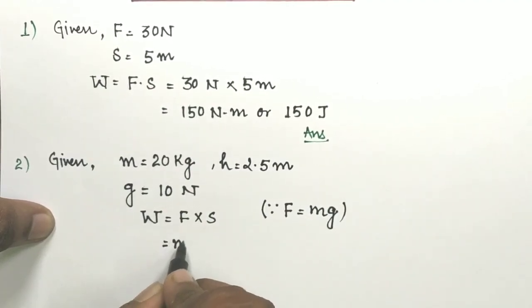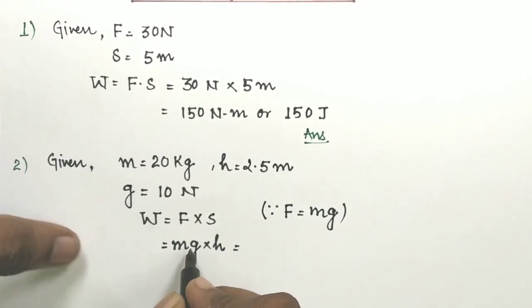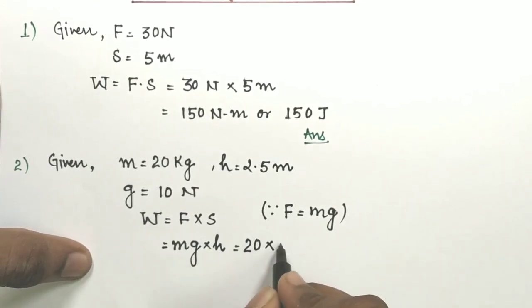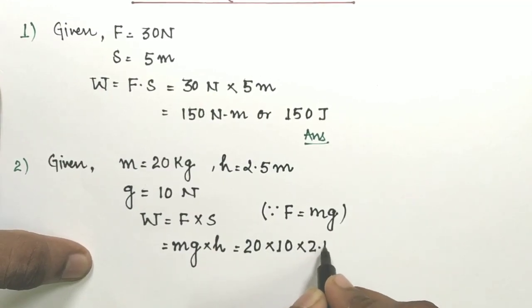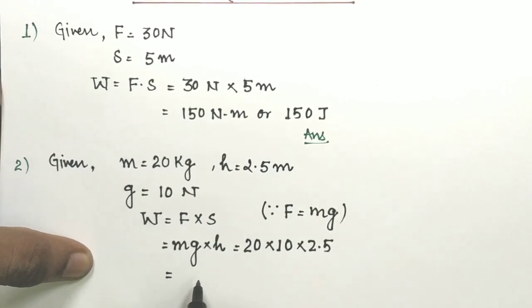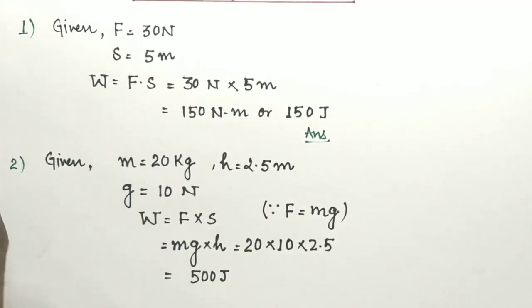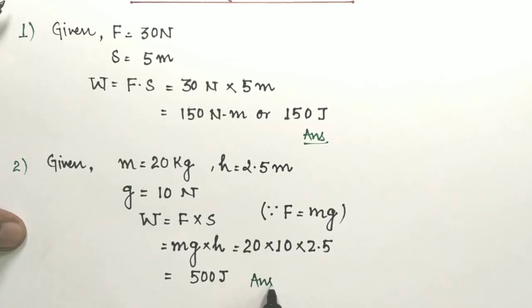So we will write mg instead of F, and displacement is the height, that is mgh. Mass is given, that is 20, g is 10 and height is 2.5. So we will get the answer, work done equals 500 joules. So the amount of work done by the man is 500 joule.